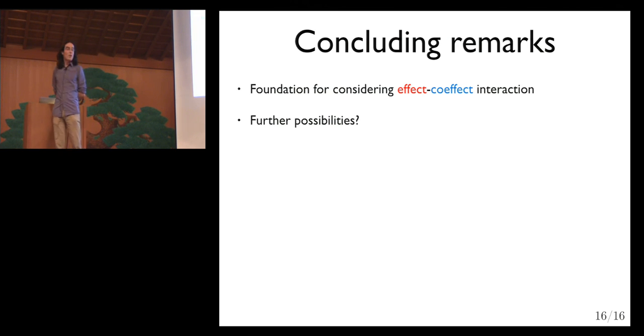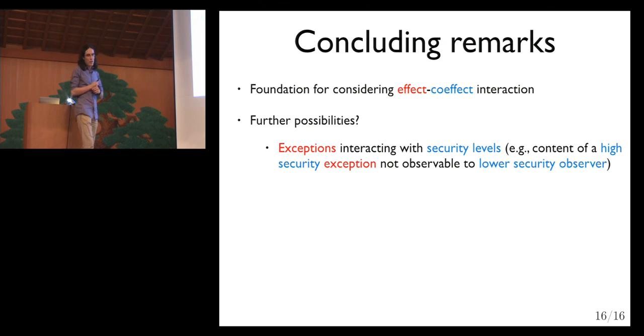And we think there's probably lots of really exciting possibilities that we've started playing with, but we haven't done all the proofs yet. So we can imagine having exceptions which maybe are high security and contain some high security information, but if I'm a low security observer, I'm not allowed to see what the content of that exception is, but maybe I'm just allowed to see that there was some exception.